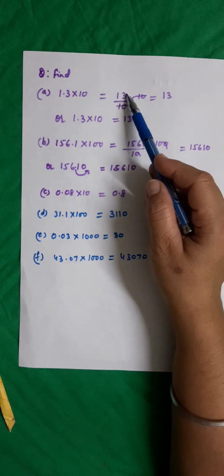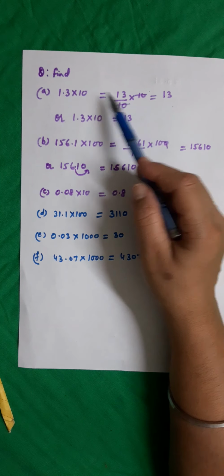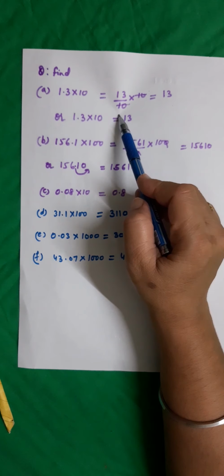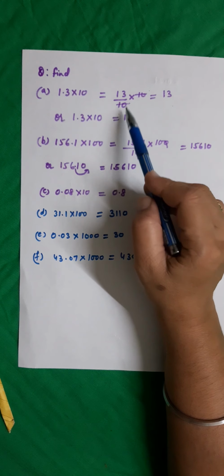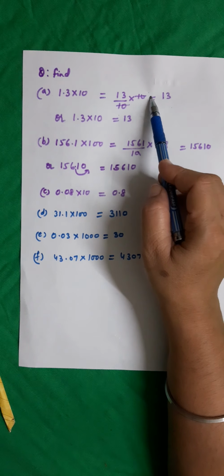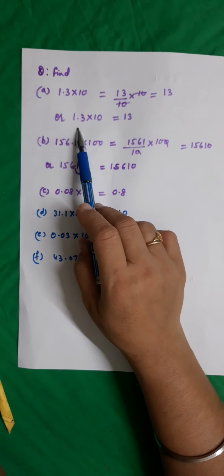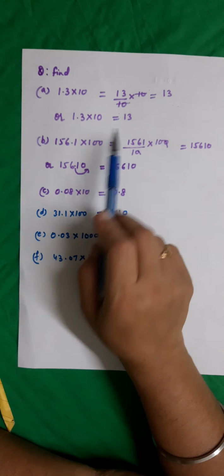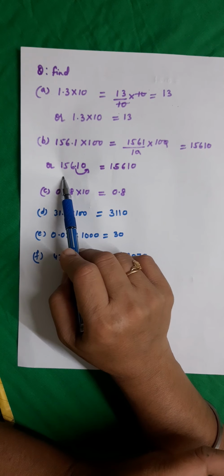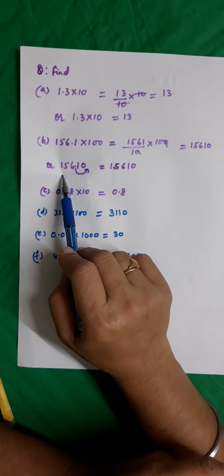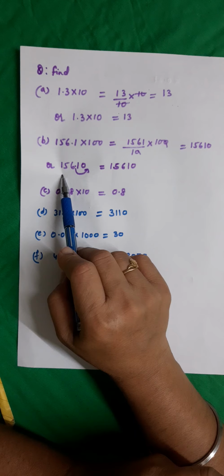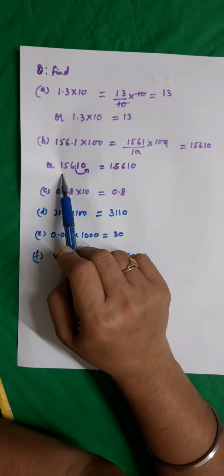Or you can write 13 upon 10 into 10. 10 and 10 will cancel. Answer is 13. And therefore you can use this direct method also. So I prefer the direct method. That's very easy. We just have to remember to move the decimal towards the right.